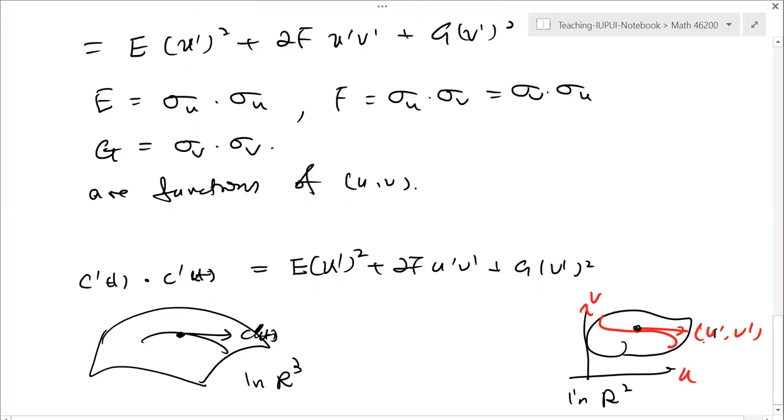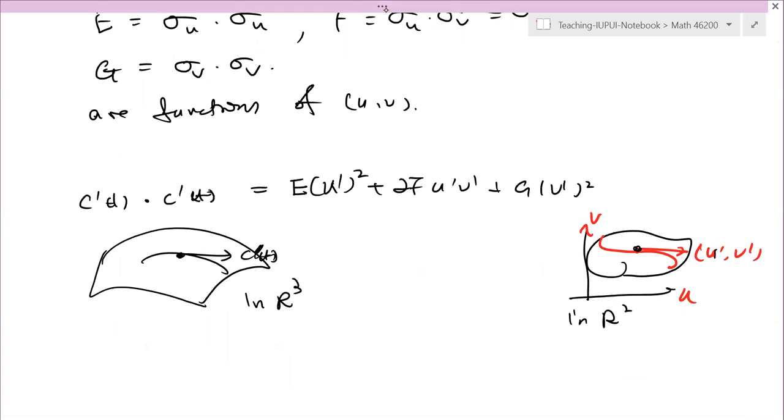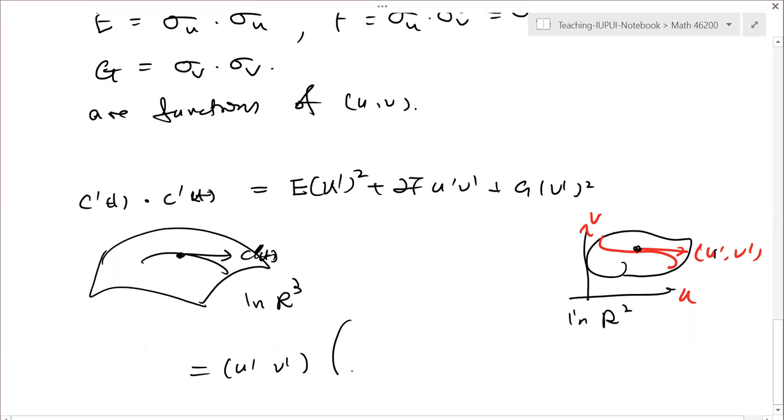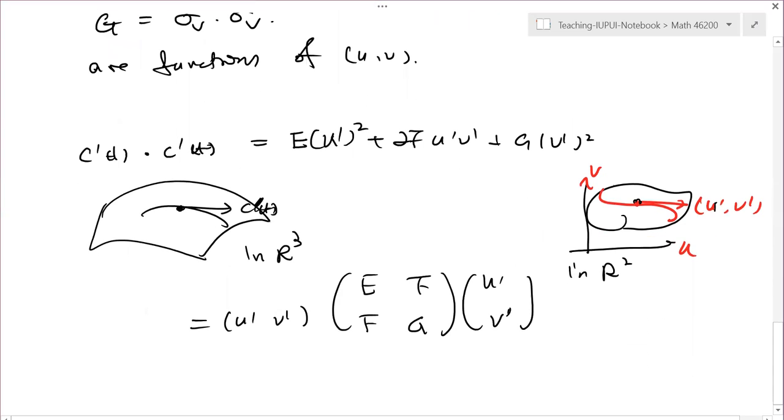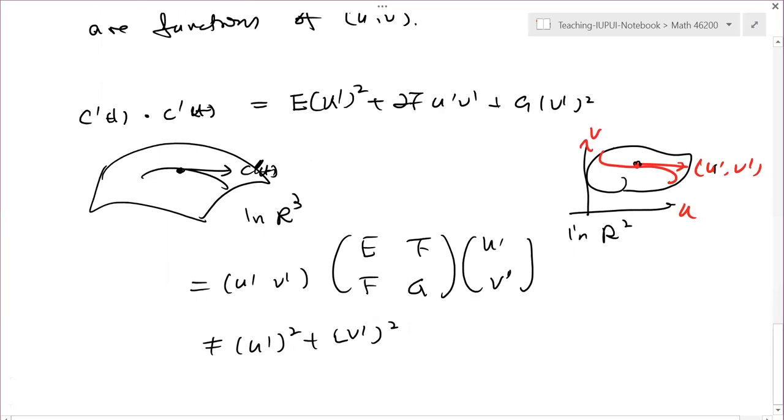But this is not even the length of the tangent vector, actually. It's complicated. It can be written in the form (u', v') [E F; F G] (u', v')^T. There is another matrix there. It's not going to be u'^2 + v'^2 in general. So there is an additional matrix you can use.